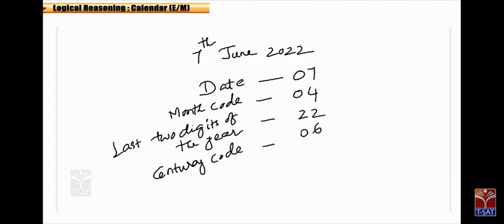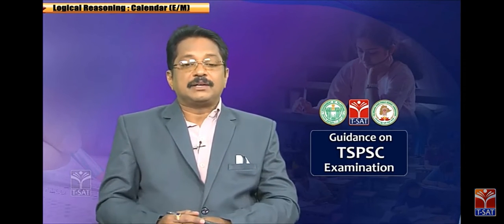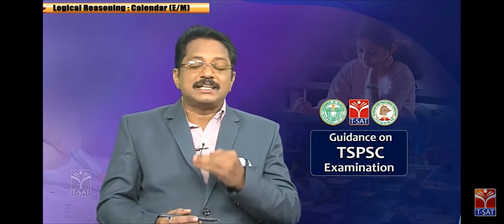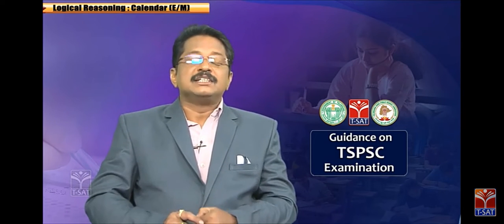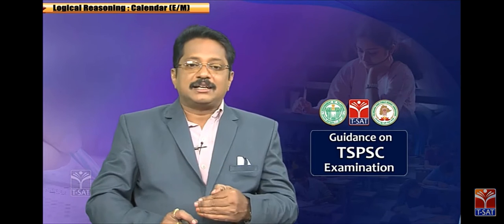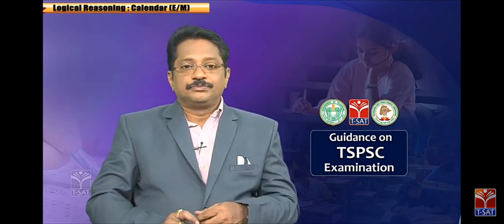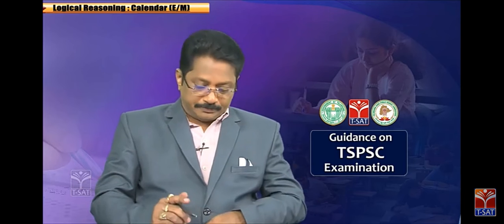Okay. And you have to find how many leap years will come for this year number. How many leap years will come? How to calculate this? Simply divide that year number by 4. The quotient will be considered as the number of leap years.